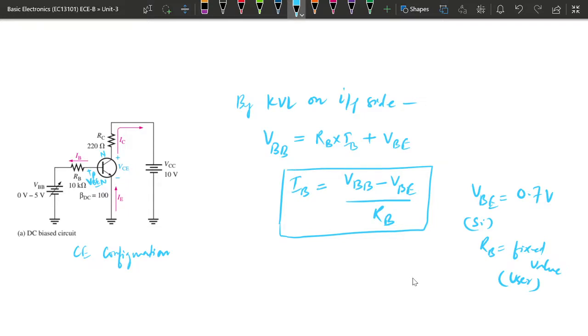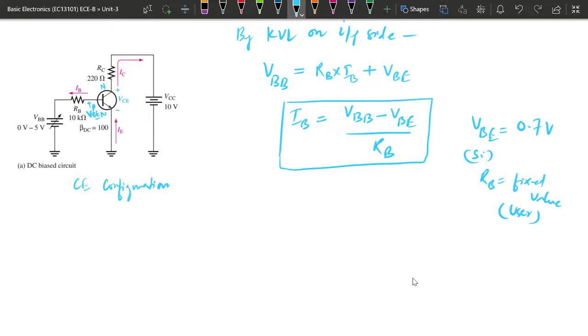So once we have different IB, at the output side, with the help of the amplification property, or the transistor property, of this BJT, if it is going to work as an amplifier, then it is common emitter. So for common emitter we know the output current IC equals beta times IB, plus 1 plus beta times ICO.